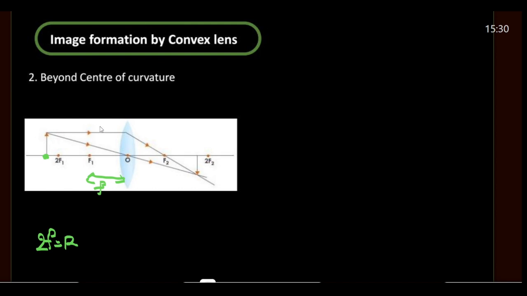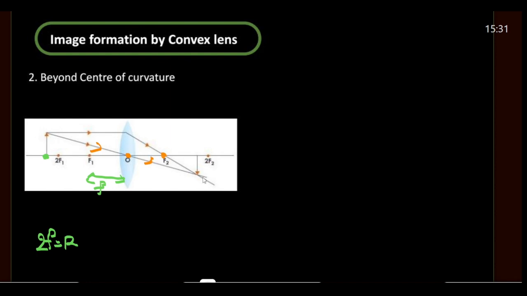In this diagram you can see one incident ray is parallel to the principal axis and another ray is passing through the optical center, right? The ray passing through the optical center does not deviate after refraction. But the incident ray which is parallel to the principal axis passes through the focus after refraction.